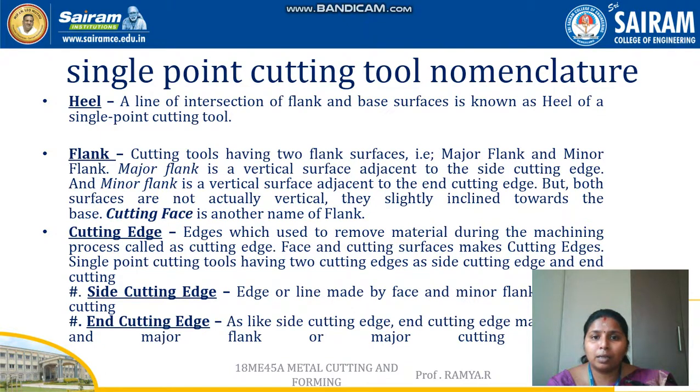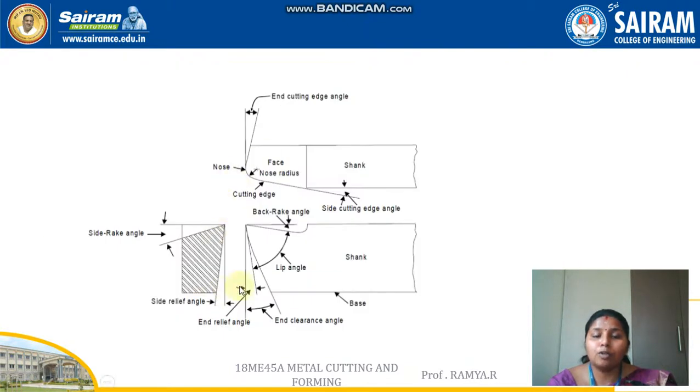So the next one is about tool geometry. This diagram shows three views of a single point cutting tool: the top view, side view, and front view. You don't want to be confused that all these three diagrams are of a single point cutting tool but look different.